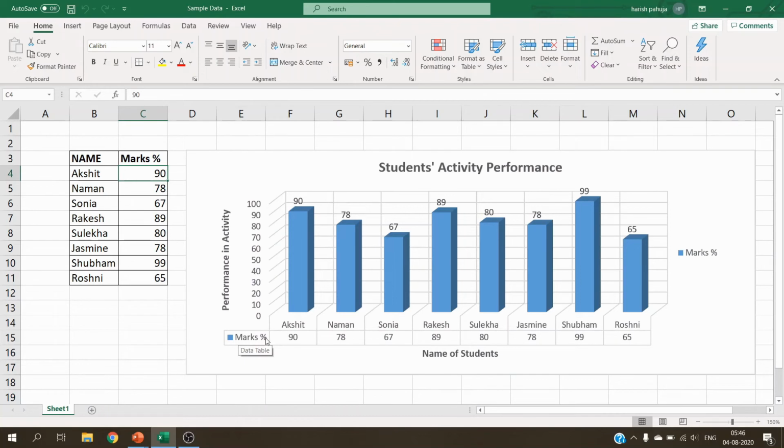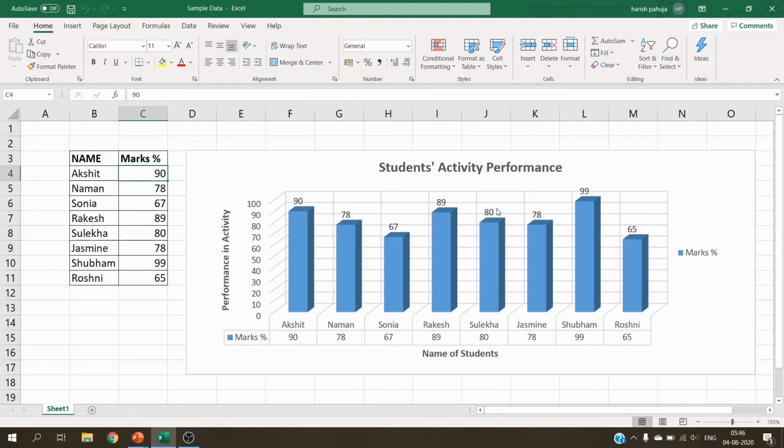This is our data table. This is series plus legend entry, and these are grid lines, horizontal and vertical both, right? We put these grid lines for better understanding of the values, how they are put up.